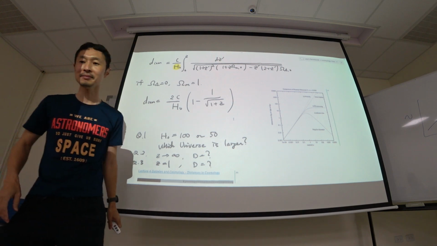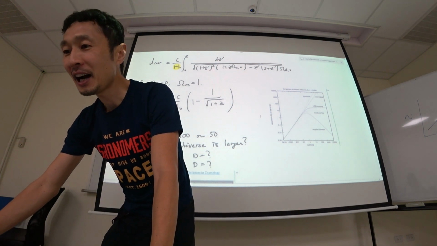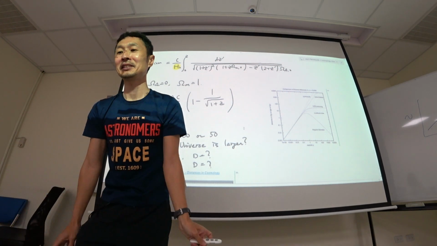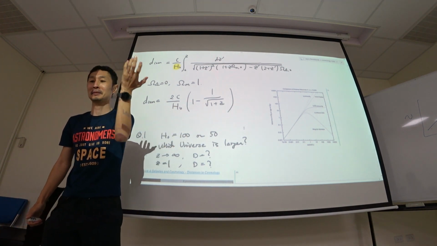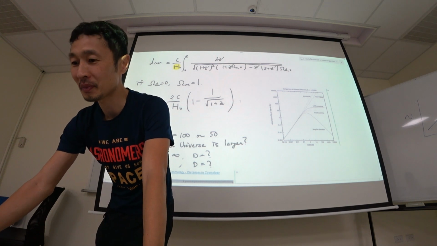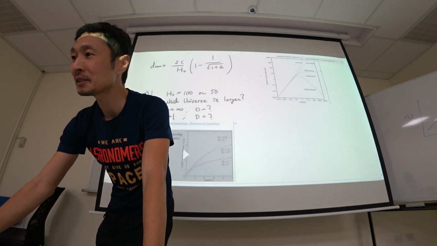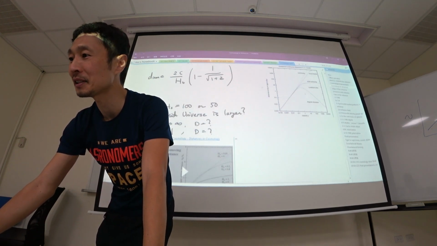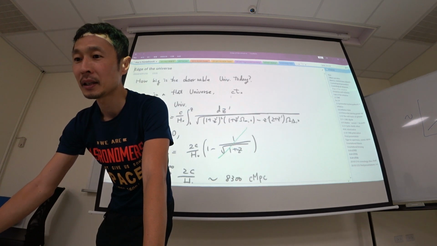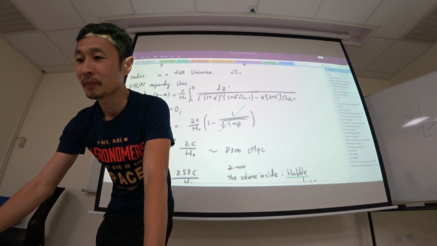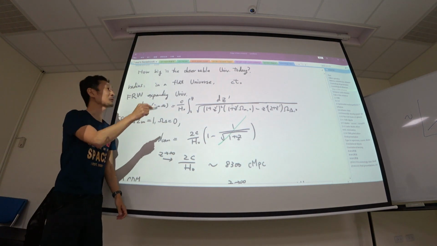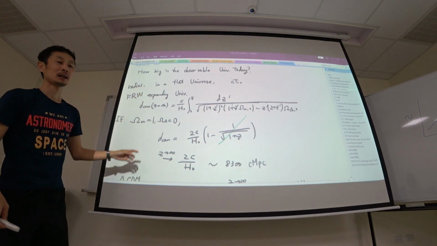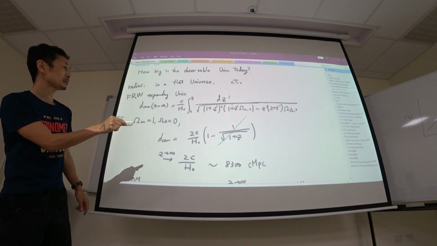Okay, now something very interesting happens. So now we can calculate the size of the universe, right? By this definition. So let's do that, and then we can finish there. We already did this today, and so we came to here, right?